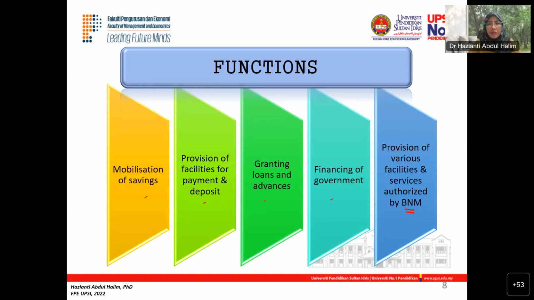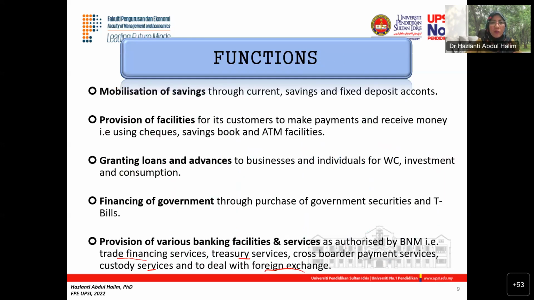So there are 1, 2, 3, 4, 5. We can focus one by one. The first one is mobilization of savings. Whenever you have savings and want to save your money, you go to commercial banks. They also have current account, savings account, as well as fixed deposit accounts.